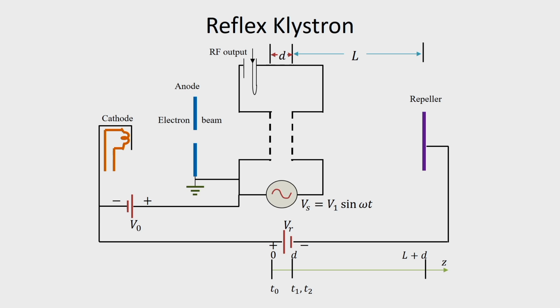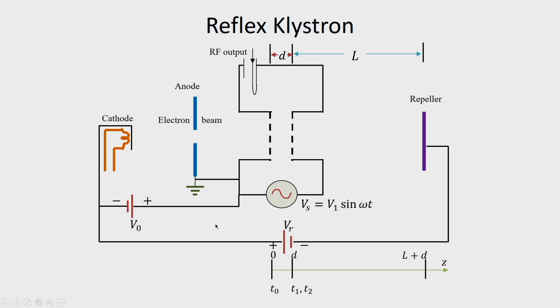this is the cavity where the electrons also transfer their energy. In reflex klystron, we have a repeller which is maintained at a lower potential, and its job is to repel the electrons back to the cavity.